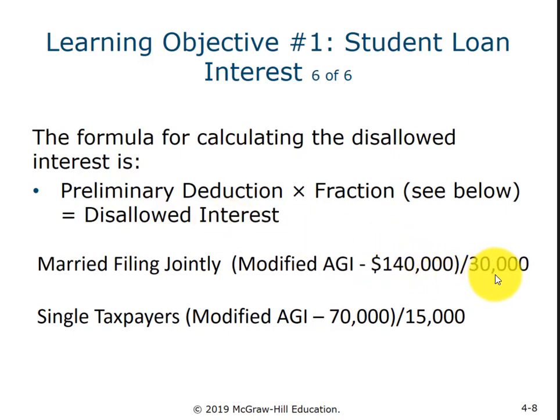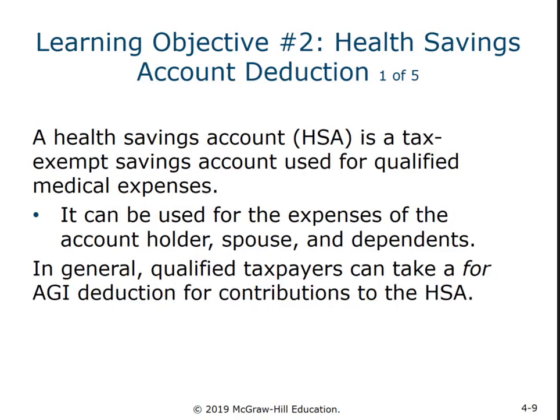So at 170,000, married filing jointly, you get no deduction. But if it's between 140 and 170, then you're going to take the modified AGI, subtract the 140, take the difference, divide by 30, and that's going to be the fraction of the interest that is disallowed. You'll be able to deduct the remaining amount. So remember that when you're doing the calculation, you're calculating how much you can't use, and then you'll be able to put on the return the part that you can use.